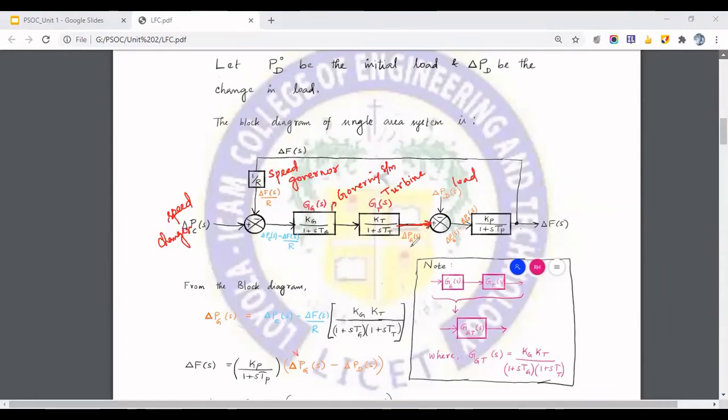Okay, so the difference between generation and load is given to the power system network, and the power system network thereby produces a power, voltage, and power, right? So from that I could sense the frequency, and that frequency is fed to the speed governor.